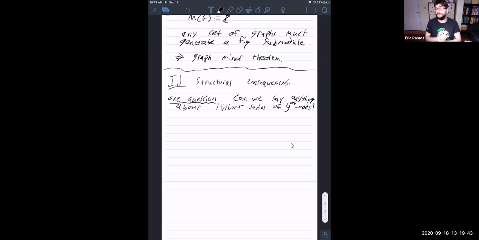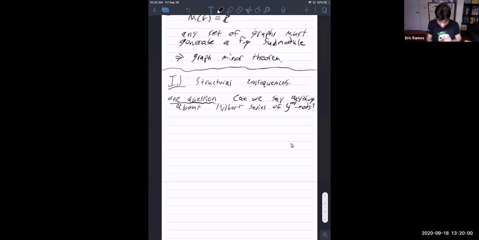So, for instance, very famously, the Hilbert series of FI modules is rational, and in fact rational of a very particular form, which you can think of as telling you that the dimension growth of the graded pieces is eventually polynomial.